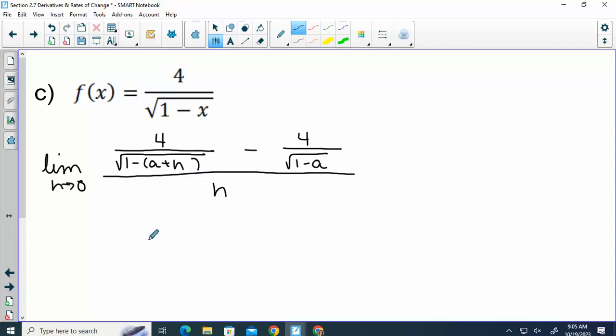Okay, with me there? Would it be okay if right here, instead of writing 1 minus the parenthesis a plus h, I go ahead and distribute the negative and write it as 1 minus a minus h?